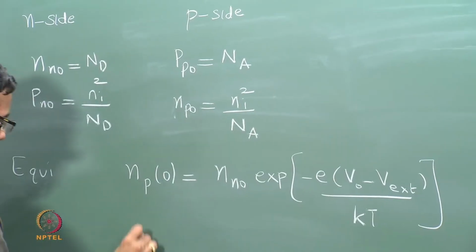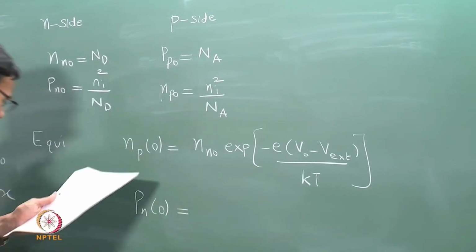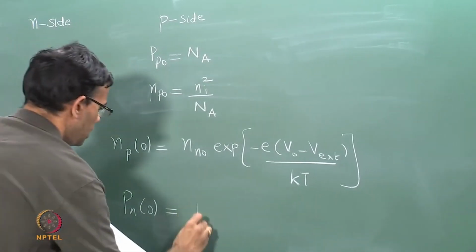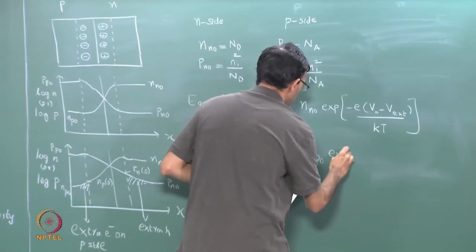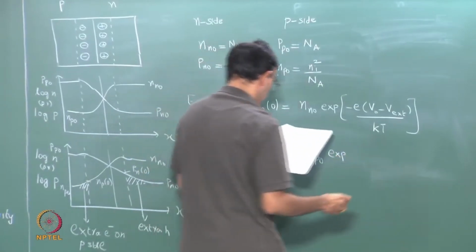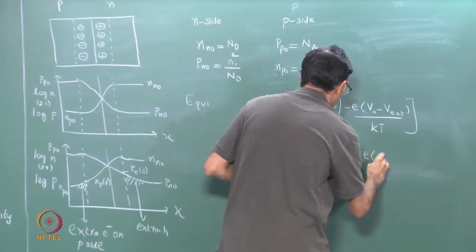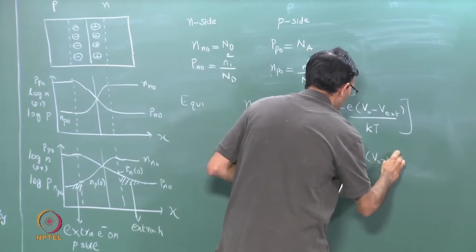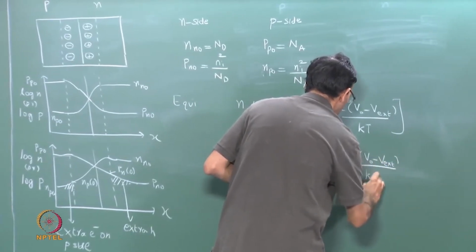Similarly, p n of 0 is nothing but p n naught exponential of minus e (V naught minus V external) over kT.